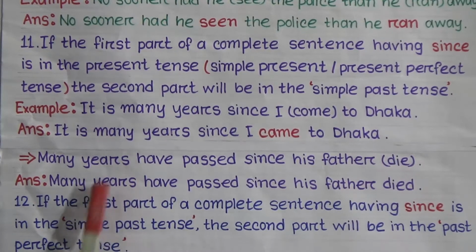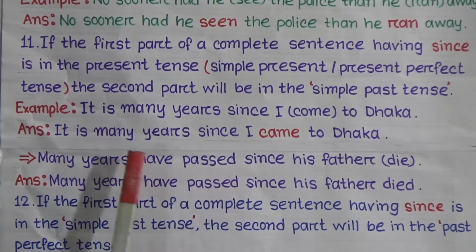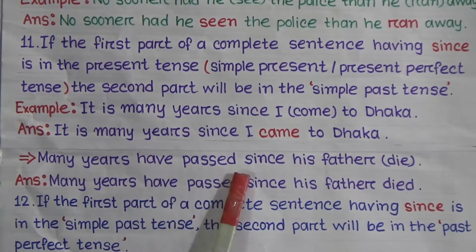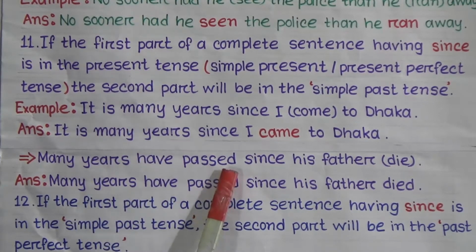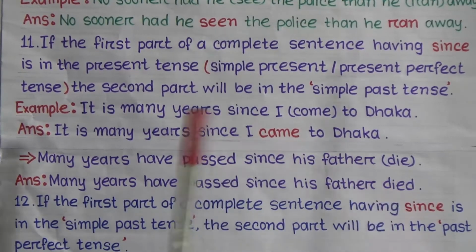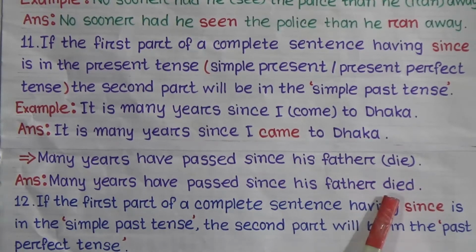Here we find have passed. In the first sentence it was present indefinite tense, and here have passed is in present perfect tense. So you have to apply the same rule, it will be died. Die will be died in past indefinite tense. Many years have passed since his father died.